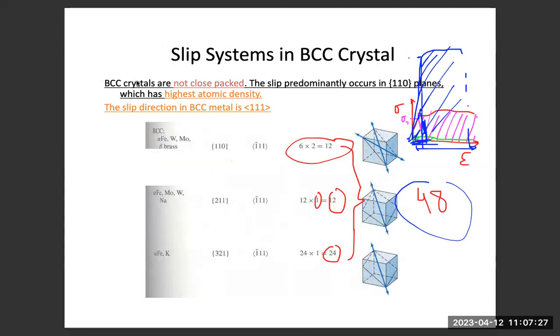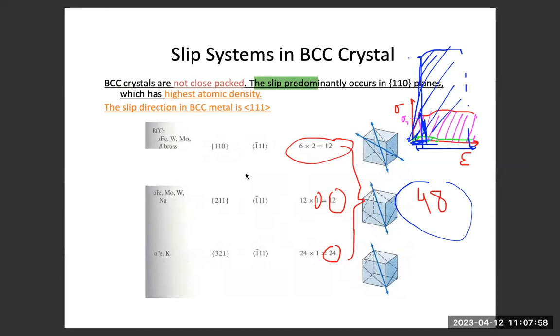So BCC is not close packed, and slip occurs always in the 110 plane. So in FCC, which plane is the slip plane? For FCC, which plane is the slip plane? Anyone?